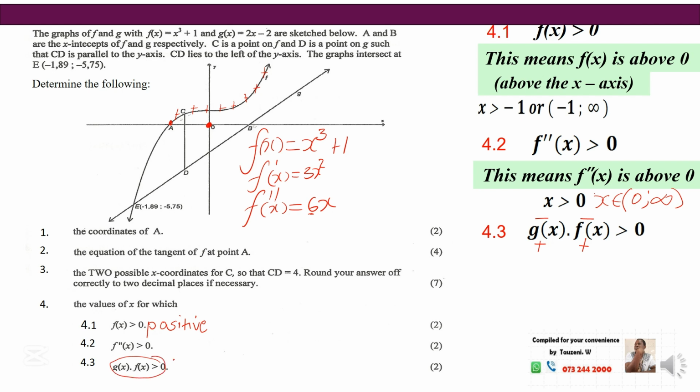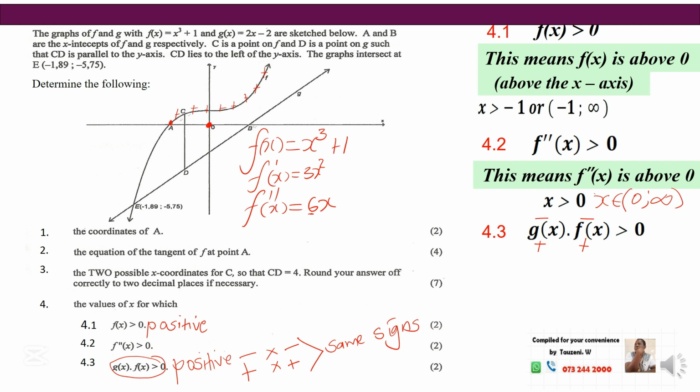Bigger than 0 means it is positive. And for it to be positive, we must multiply a negative times another negative, or a positive times another positive. So in short, we must find the section or sections on the graph where the graphs have the same signs. They are both negative or they are both positive.